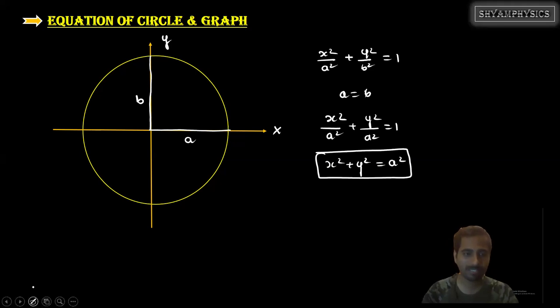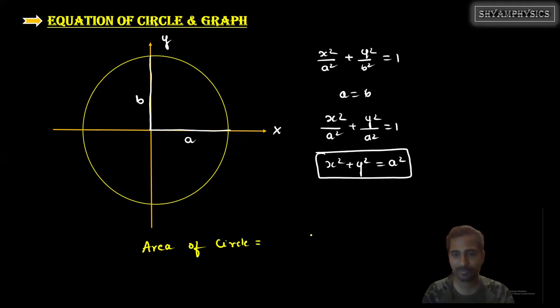Now we'll do one thing. How to calculate the area of this circle? Area of circle is pi into r square. Here we have two radii, one is a, another is b.